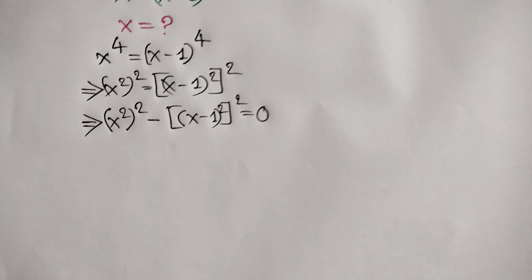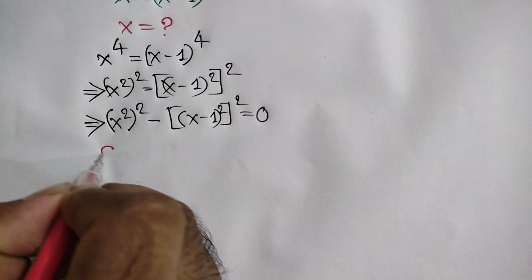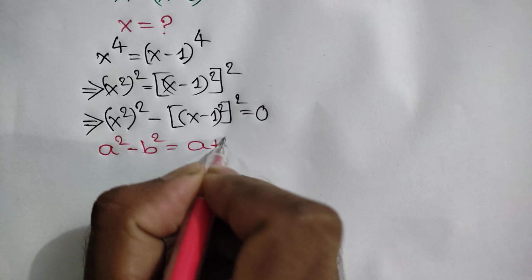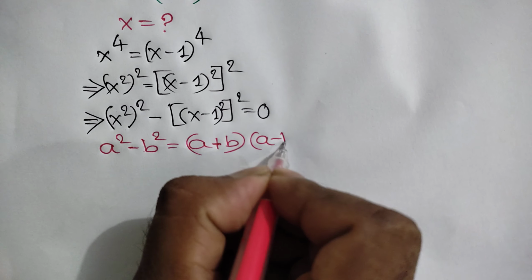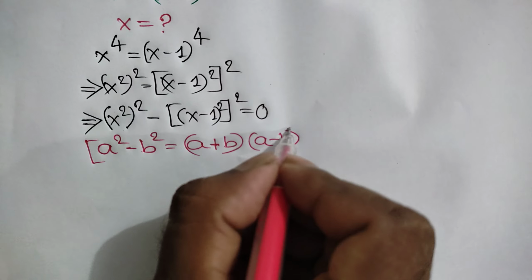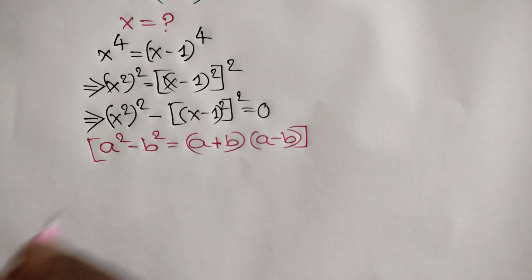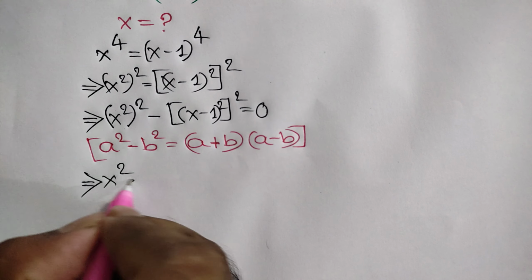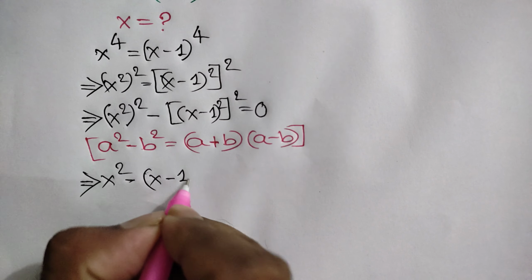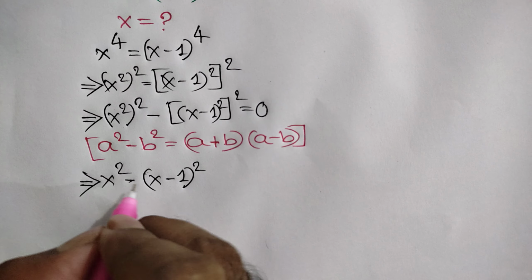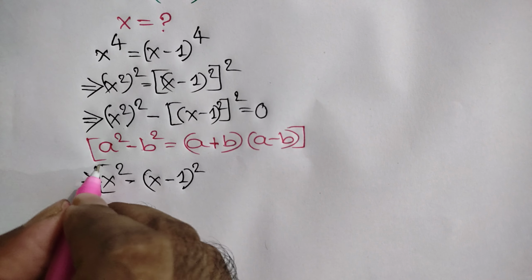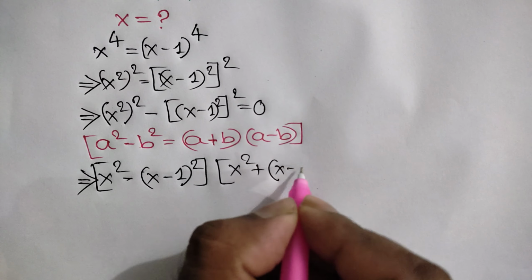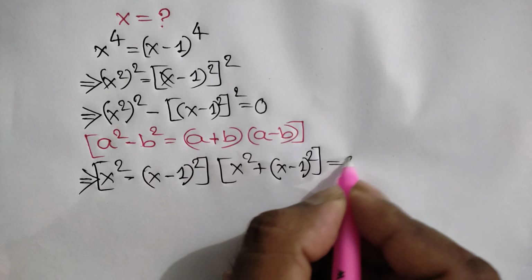Now we know an algebraic identity: a² minus b² is equal to (a plus b) times (a minus b). Now apply this formula here. We can write (x² minus (x − 1)²) times (x² plus (x − 1)²) is equal to 0.